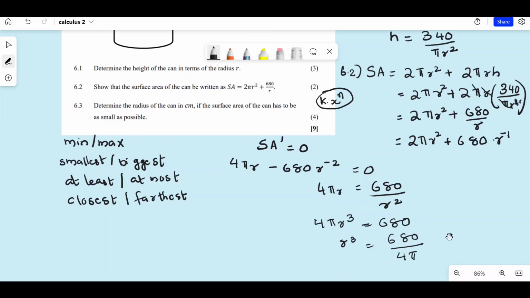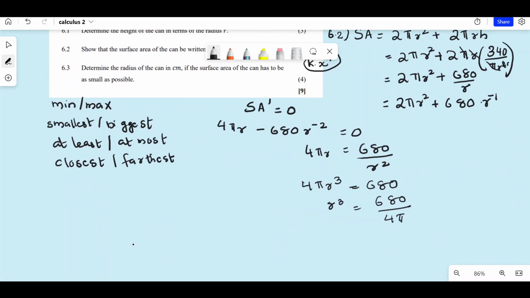Therefore r equal to cube root of 680 over 4 pi. The answer is going to be 3,78.